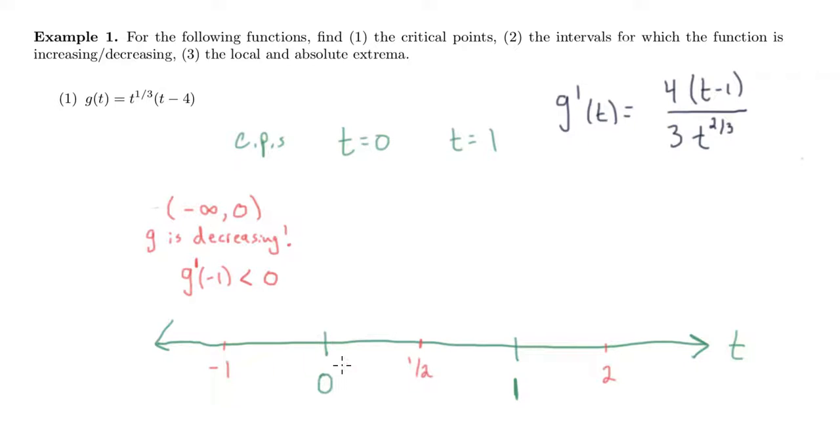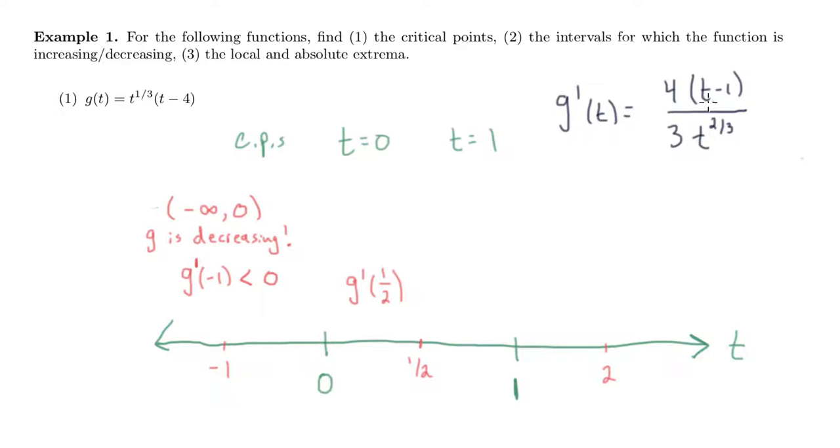Let's do the same thing for the open interval between 0 and 1. What is g prime of 1/2? Well, 1/2 minus 1 is negative 1/2 times 4. That's a positive 4. So 4 times negative 1/2 is going to be a negative number. And the denominator is going to be positive.